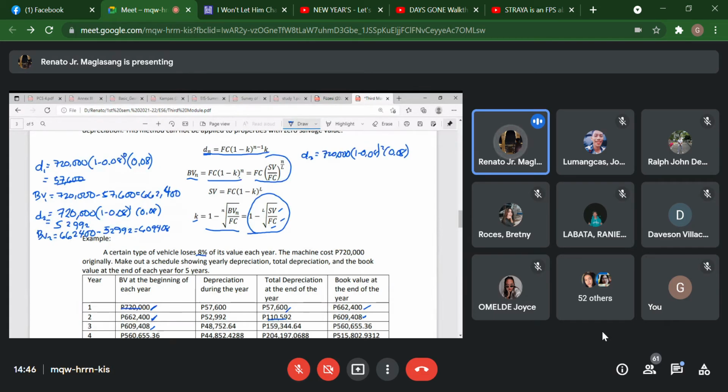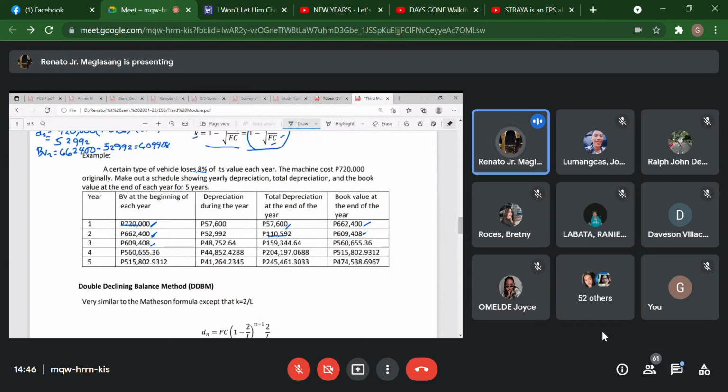So again, as you notice, the value of the depreciation every year decreases. It's not the same with the straight line method, wherein the value of the depreciation every year is the same. So same procedure going down. So you will have this value.